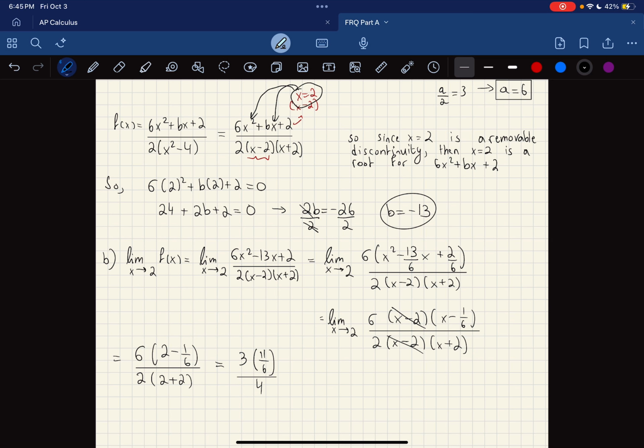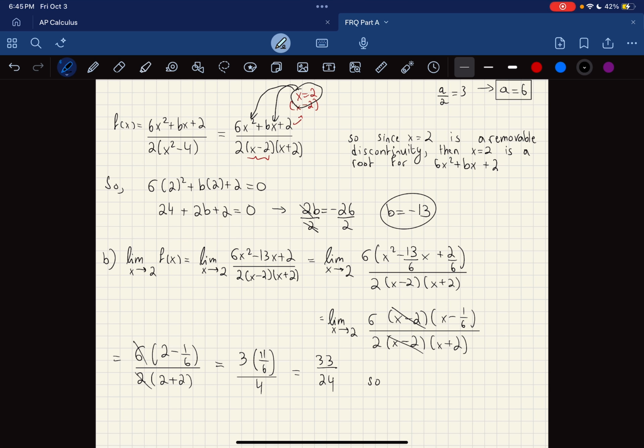So now 3 times 11 is going to be 33, and 6 times 4 is 24. So the answer over here is going to be 33 over 24.